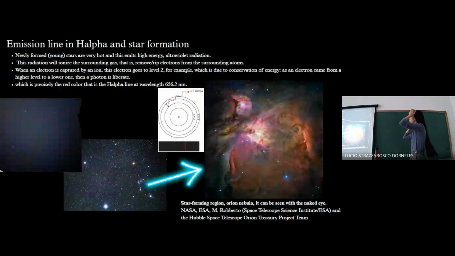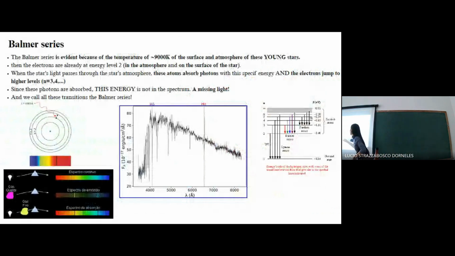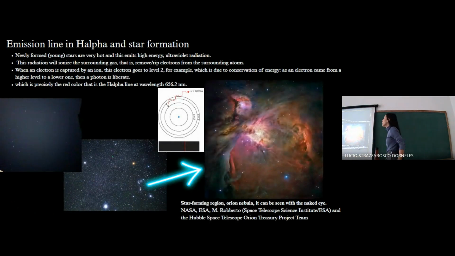Here we have the relation between the emission line in H alpha. If I have an emission line in H alpha, what is the relation with star formation? So here I have a star forming region. This is the Orion Nebula. So it can be seen with the naked eye.